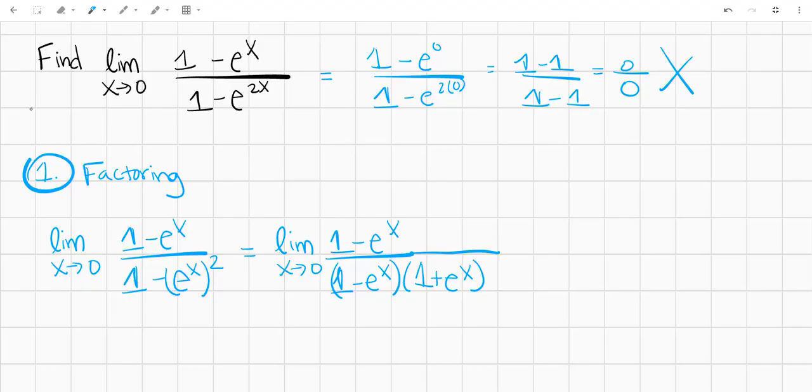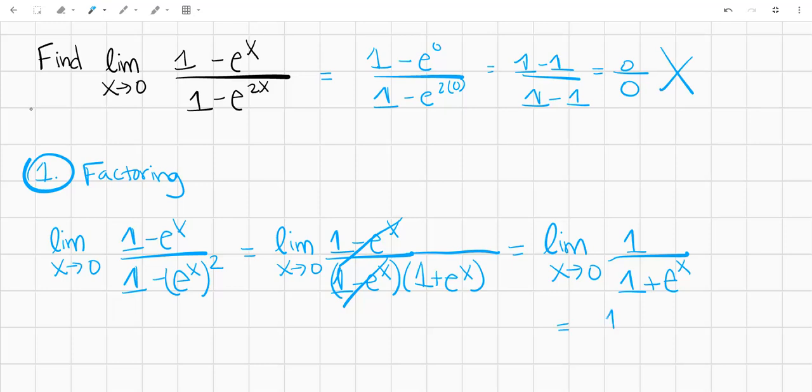Once I reach this point, I can cancel out 1 minus e to the x in the numerator and the denominator. So I'm left with the limit as x approaches 0 of 1 divided by 1 plus e to the x. I can now evaluate by plugging in 0.